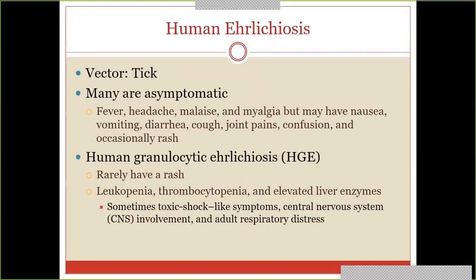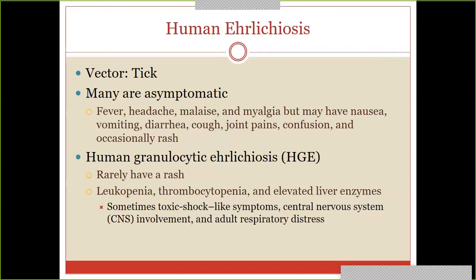And then Ehrlichia, this is one that probably was mentioned at some point for you in hematology. It is passed by the tick, but the reason we mention heme is that's where we start to see it show up, because you will see the Ehrlichia bacteria as an inclusion inside the neutrophils. Both Ehrlichia and Anaplasma look very similar, and they'll be found inside those neutrophils.